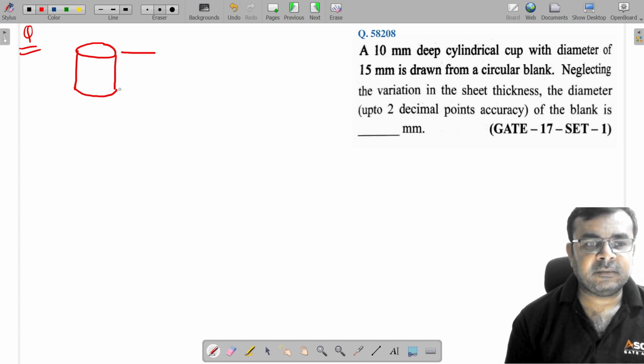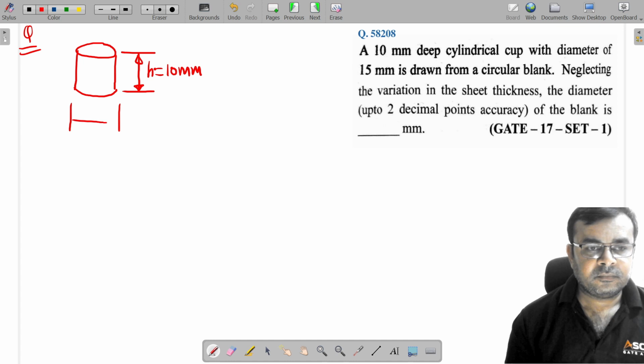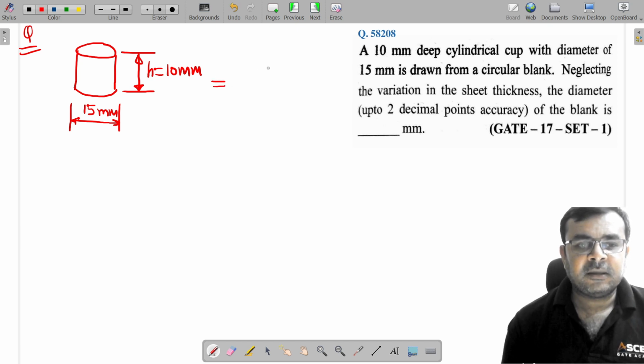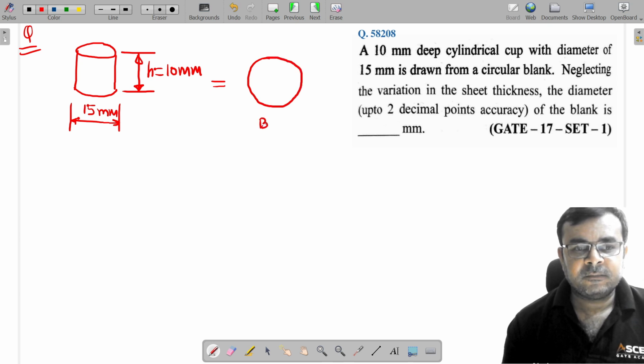And its height is equal to 10 mm, and its diameter is 15 mm. Neglecting the variation in sheet thickness, what is the diameter of the blank for making this cup? This is the blank and its diameter is D.